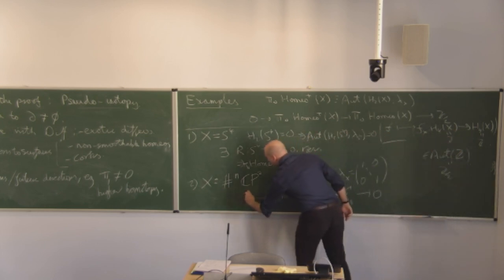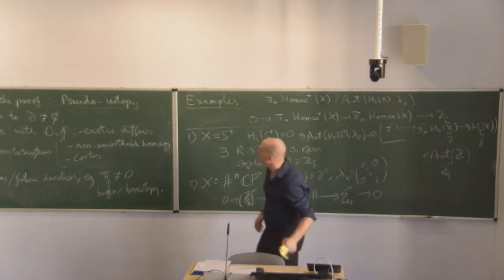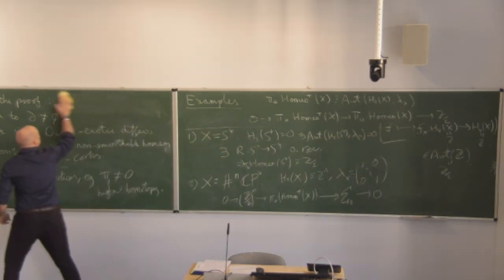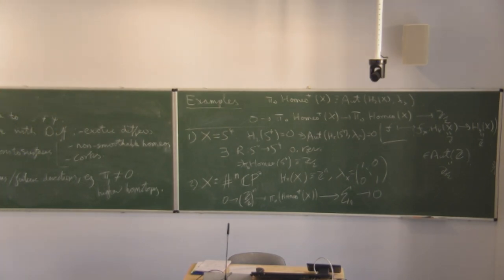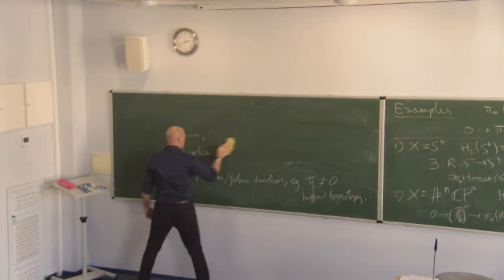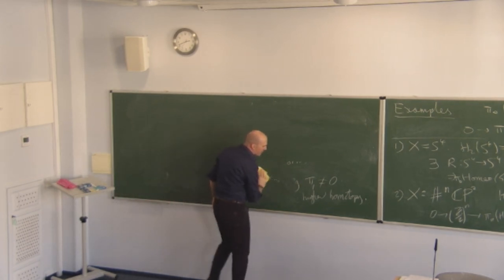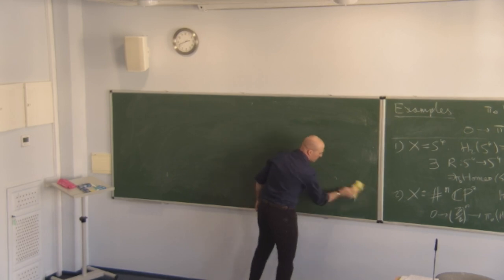So each of those gives me a Z mod 2 to the N. And it turns out that there's a short exact sequence like this. And the group is actually kind of a famous group.